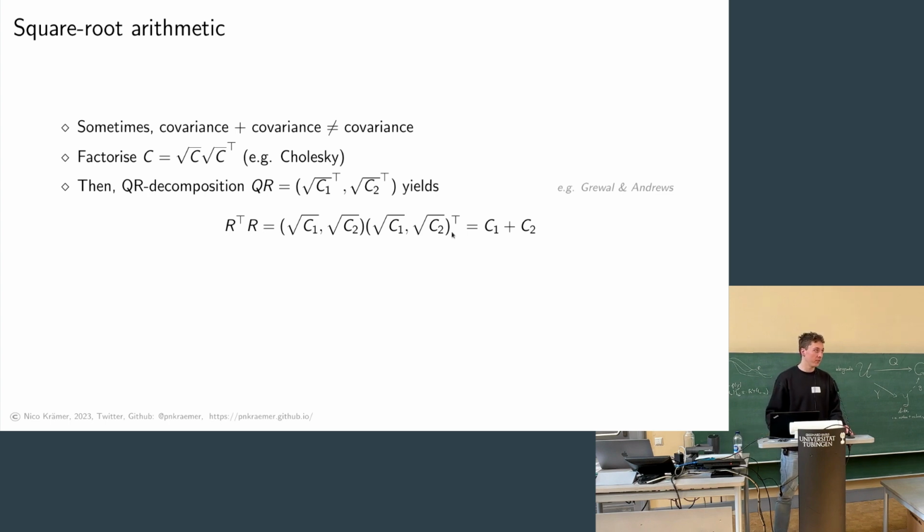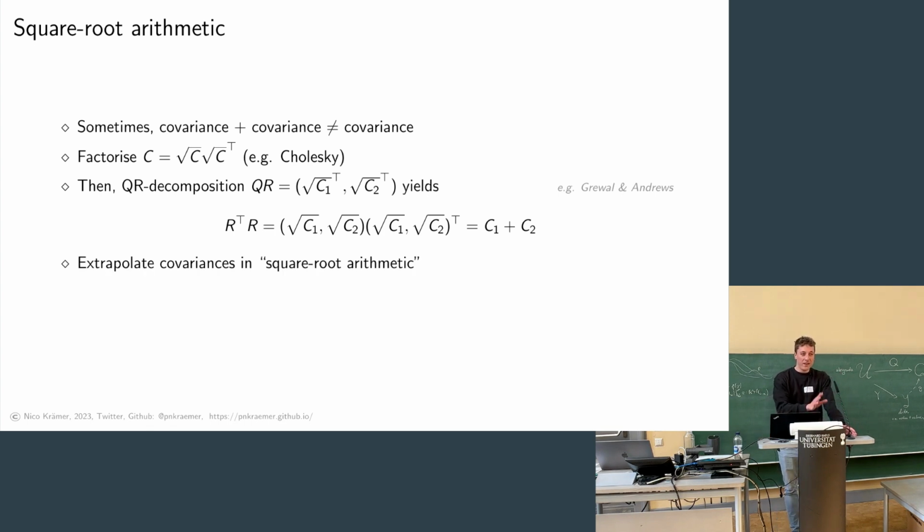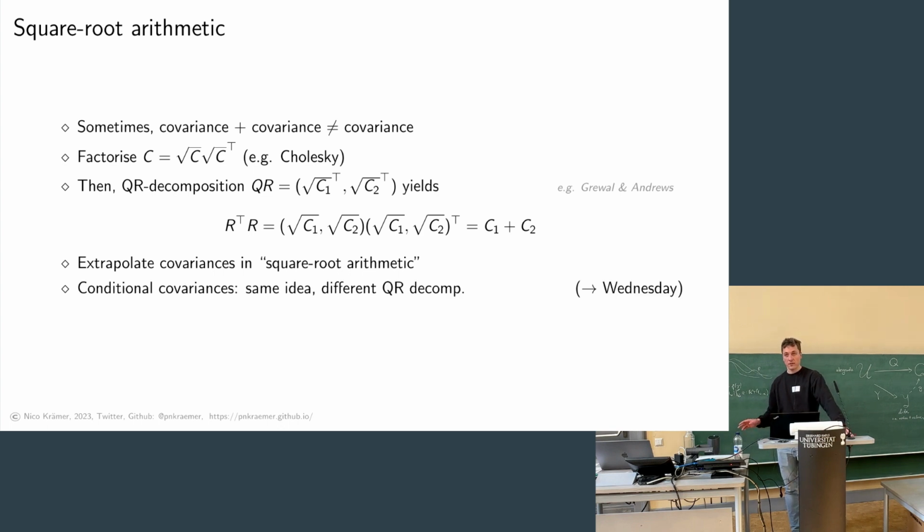So we have C1 plus C2 again. So the sum of two covariance matrices can always be computed in square root arithmetic. And the same is possible for conditional covariances. So the Kalman gains, the inverse Gram matrices, and so on. So this factor P minus K S K transposed.